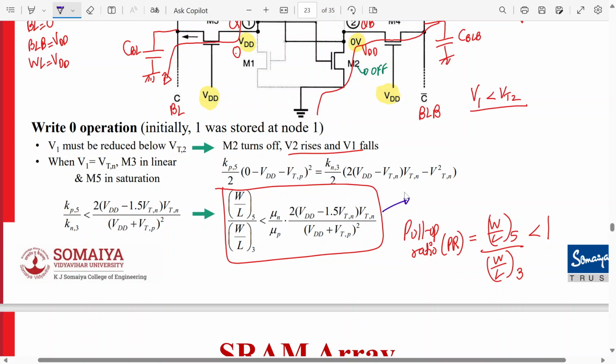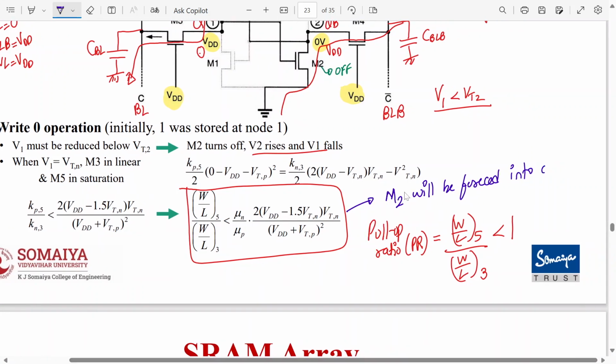So you can equate this, solve this, and you will get this condition. And if this condition is satisfied, M2 will be forced into cutoff mode during the write 0 operation.